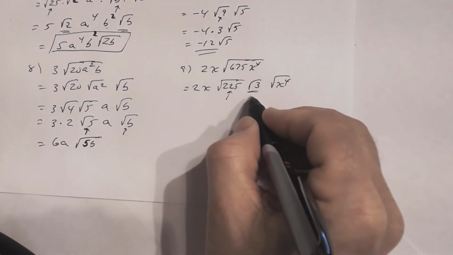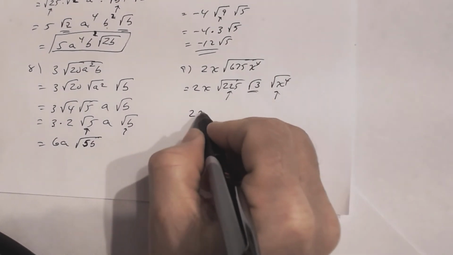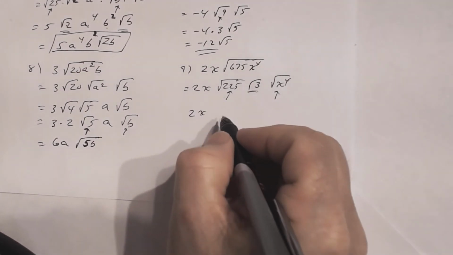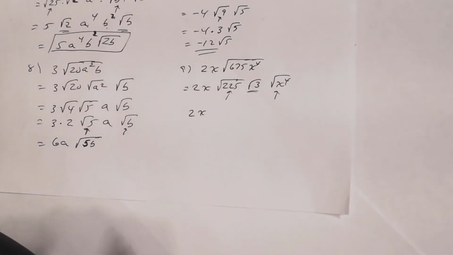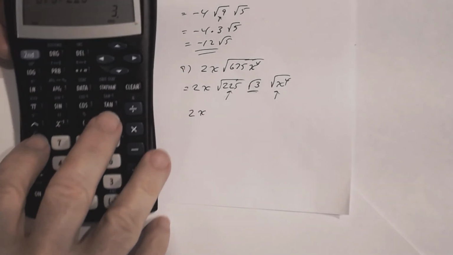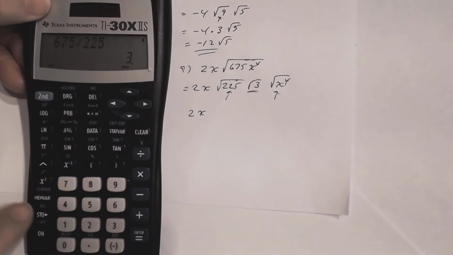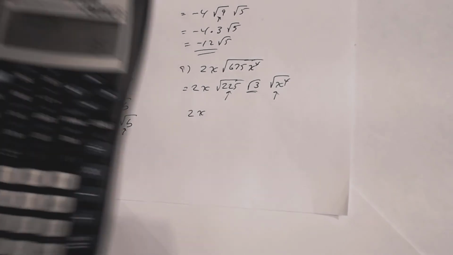I cannot simplify this, but I can simplify this. So I get 2x, the square root of 225. If you have to use your calculator, you use your calculator. So the square root of 225, let's see. Make sure you know how to use your calculator. So remember, give a second square root and then 225, and you should get 15.